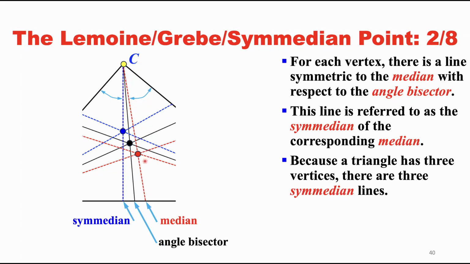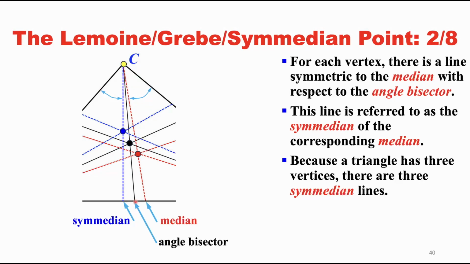Of course, the complement of this angle here and the complement of this angle here are also equal. So this can be constructed for every vertex. And this newly constructed line is called a Symmedian, that is symmetric to the median with respect to the angle bisector.